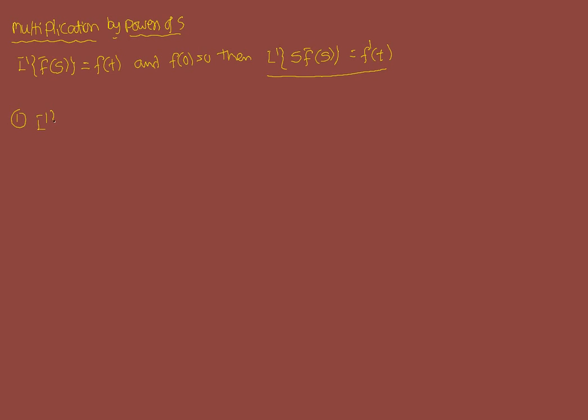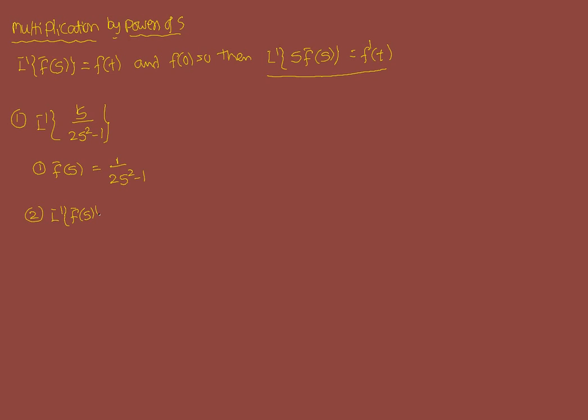L inverse of 1 by s into 2s square minus 1. So first what you have to do, except s, you consider it as the f bar of s. Therefore f bar of s is equal to 1 by 2s square minus 1. Second step, you apply the L inverse on both sides.